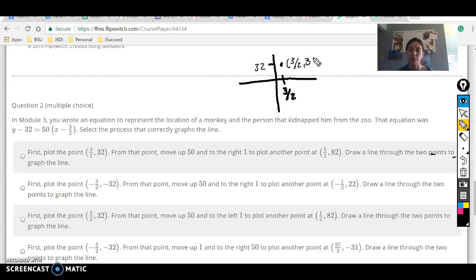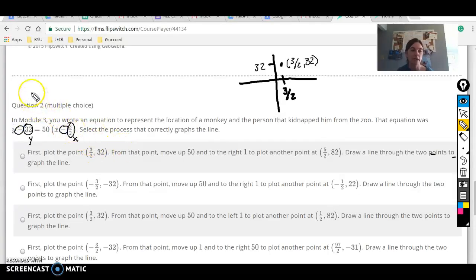And when we're in that point slope form, we can figure that out by taking this value and this value. This is our x and this is our y. Remember that this negative is part of the point slope form.